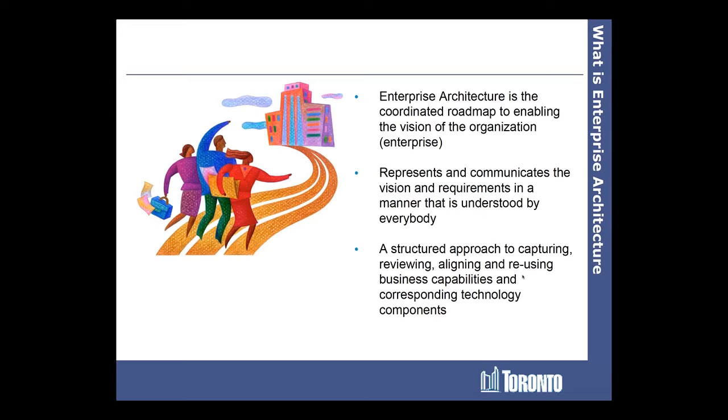So there are three elements in the EA space. The first one is understanding the long-term vision and roadmap of the organization from a business standpoint. The second one is having that vision and having the language that's well understood so people understand what you're describing. The third one is having the tools and the models to take those elements and finally put some low-level technology components in place to enable them. So that's what EA is at the City of Toronto.